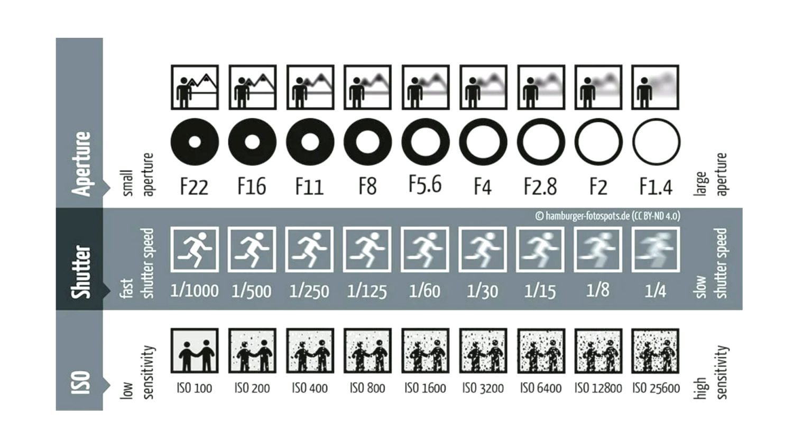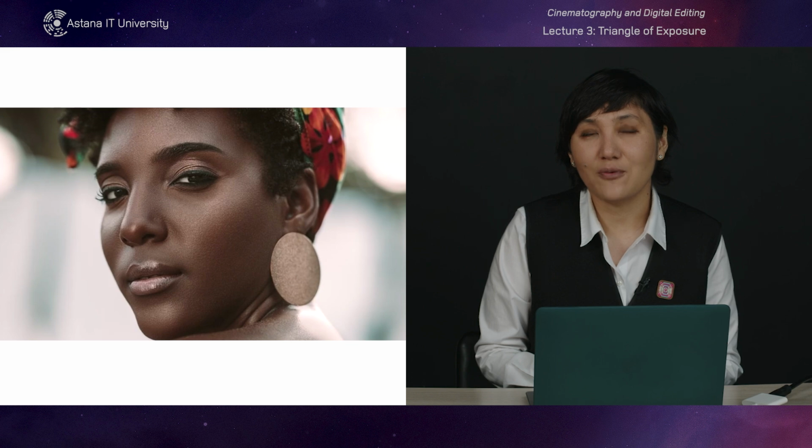Let's look at how the triangle of exposure applies to real-world scenarios, starting with portrait photography. In portrait photography, you often want to isolate the subject from the background, which can be achieved by using a wide aperture such as f/1.8 or f/2.8.